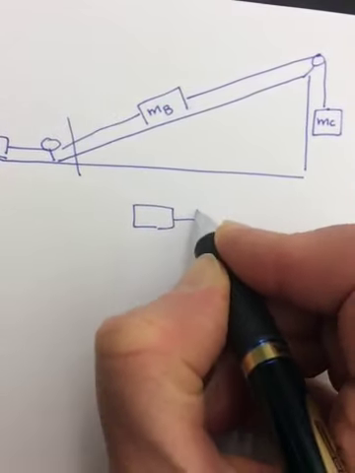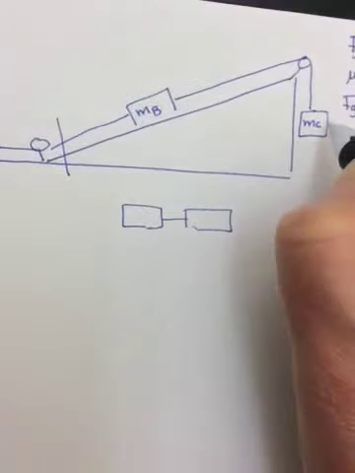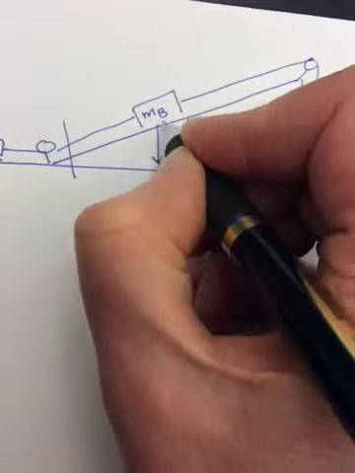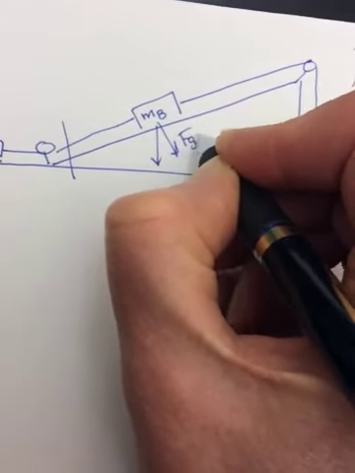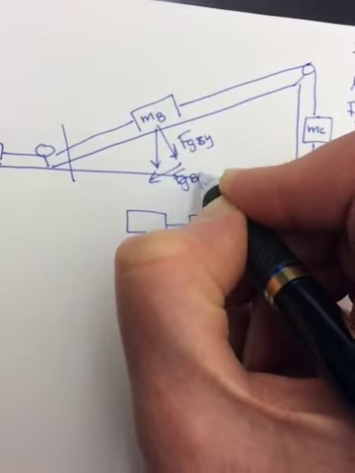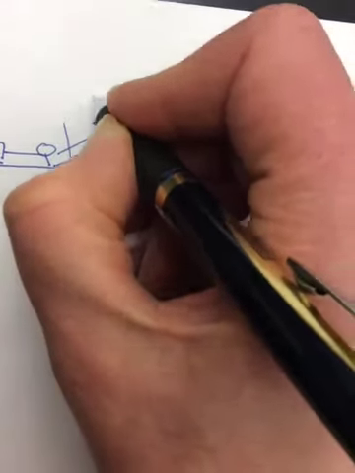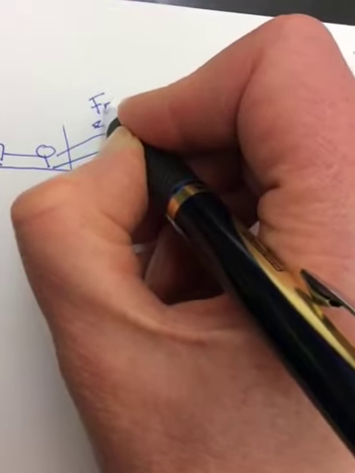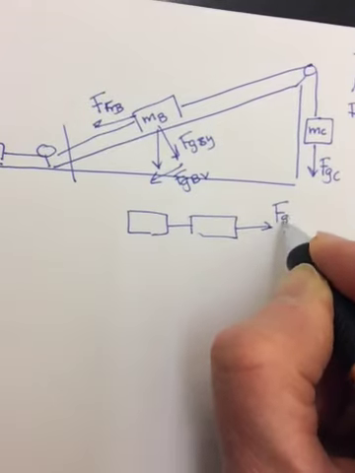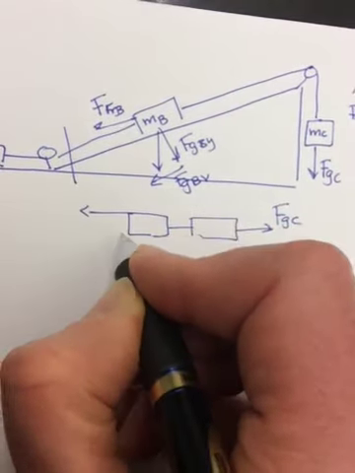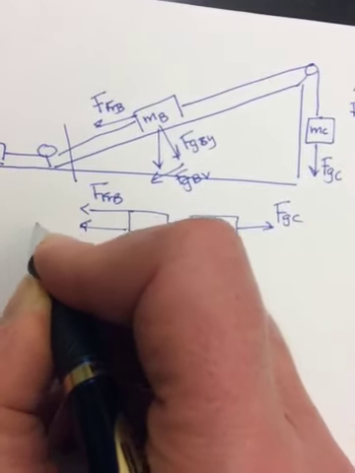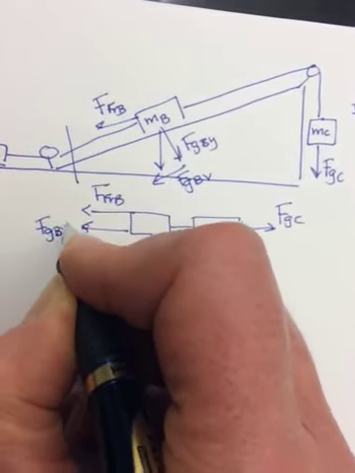And if we look at the forces, there will be FGC pulling this way. This will be FGBY. This will be FGBX. And friction will be acting this way. FFR on B. Okay, so pulling one way, FGC, and pulling back, friction on B, and FGBX.